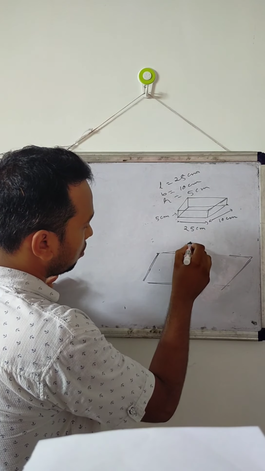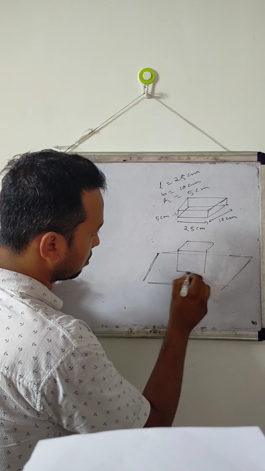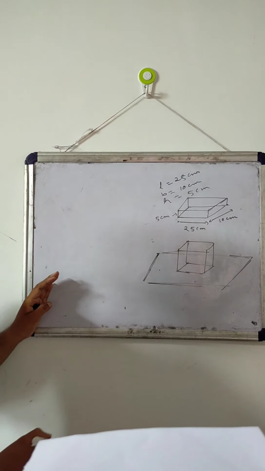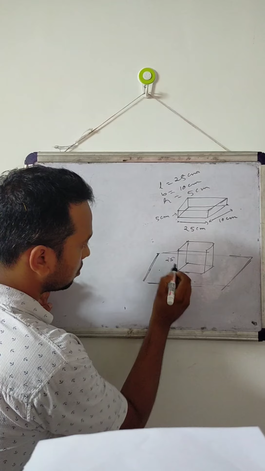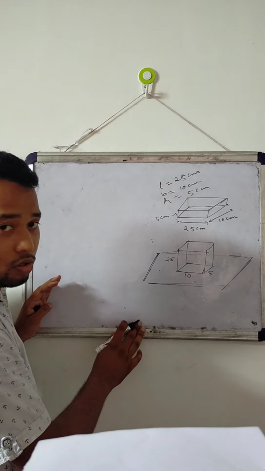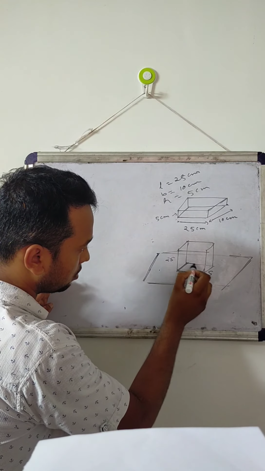Now we place the block like this. In this case, this is 25, this is 10, this is 5. So in this case, which area is in contact? This surface.